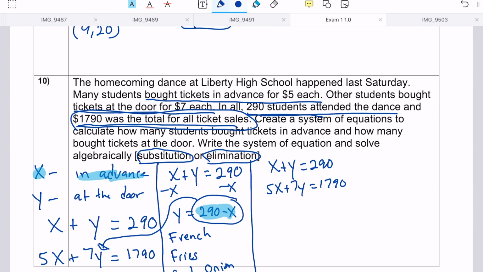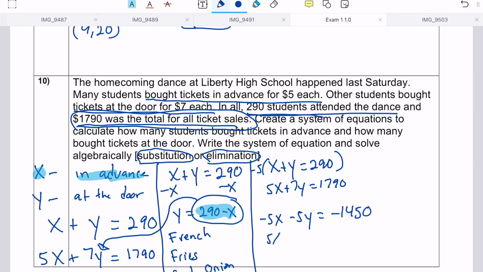In order for the X to cancel out, I can multiply the top by -5. So now I'm going to have -5X, -5Y is equal to 290 times -5 gives me -1450.